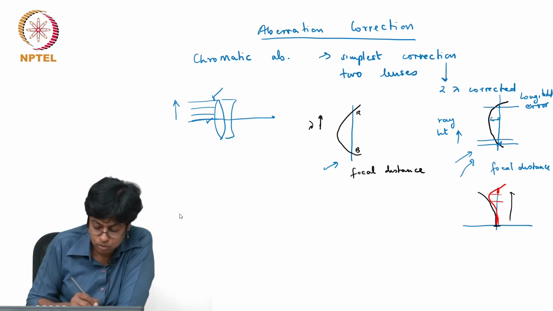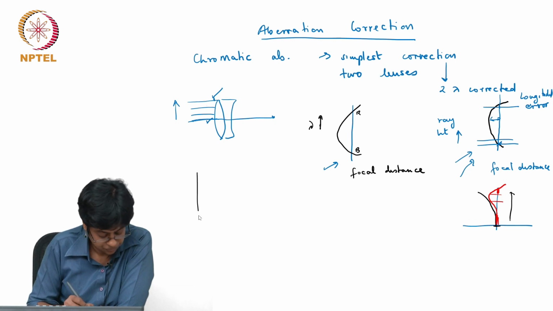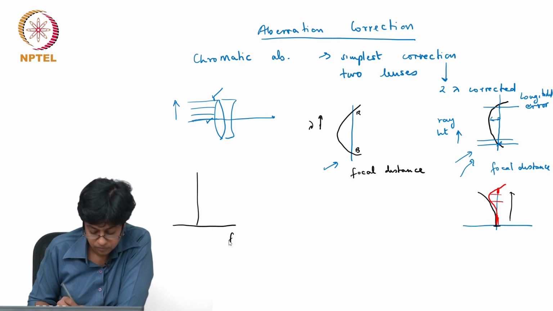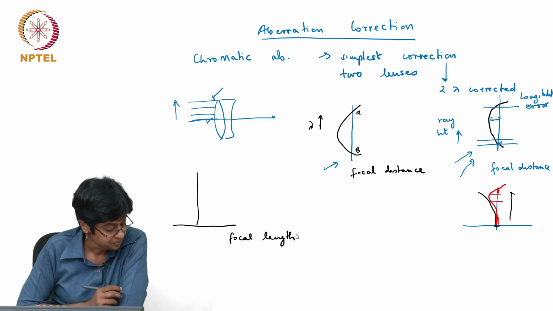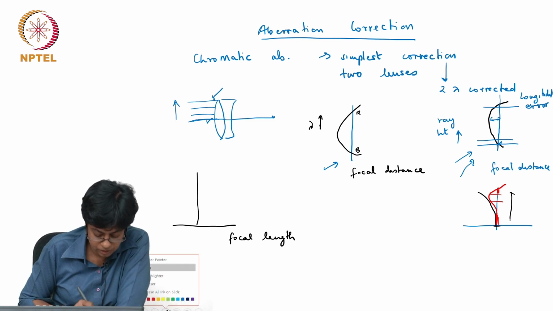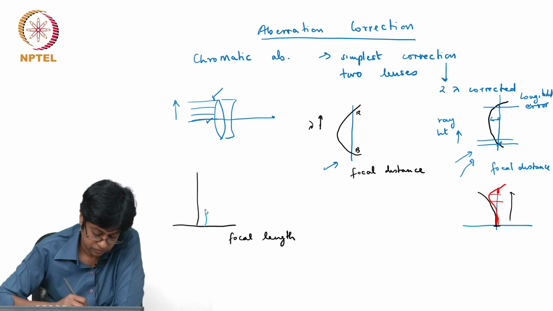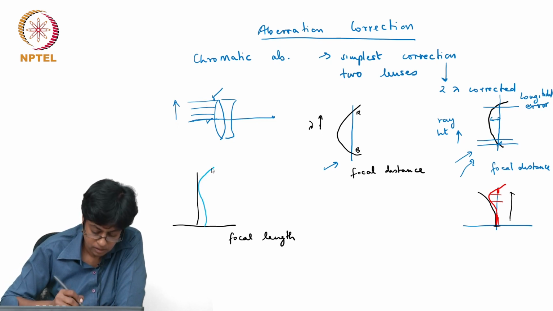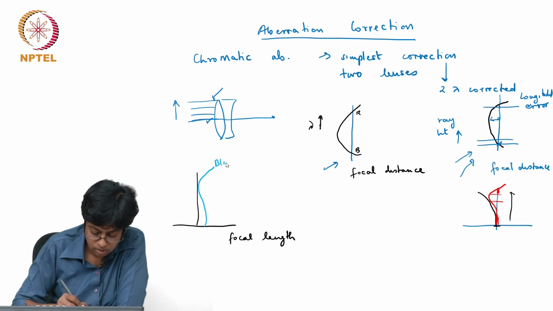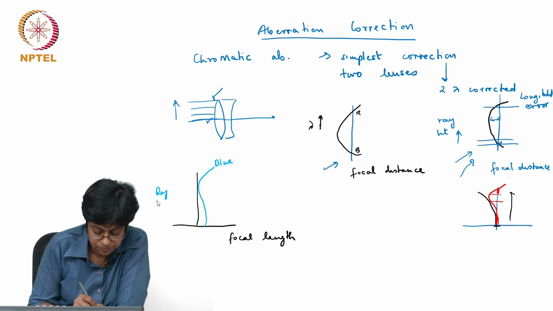And you will see these kinds of curves in all the kinds of aberration correction you do. This is also a typical graph that you might get. That's the blue line. So this is ray height.